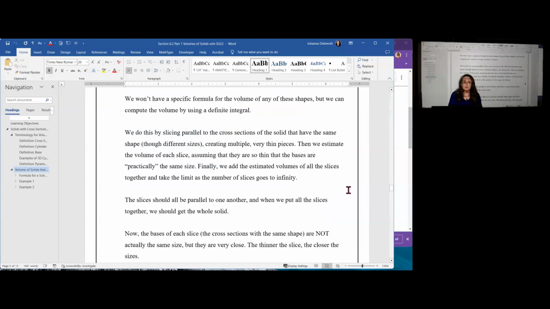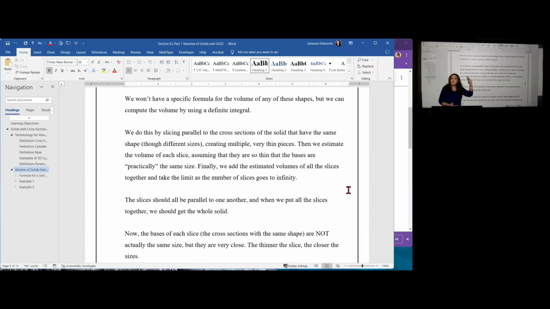We won't have a specific formula for any of the shapes we've just been looking at, but we can come up with a common method in order to find the volume of these solids. Again, we're going to slice parallel to the cross sections that all have the same shape.